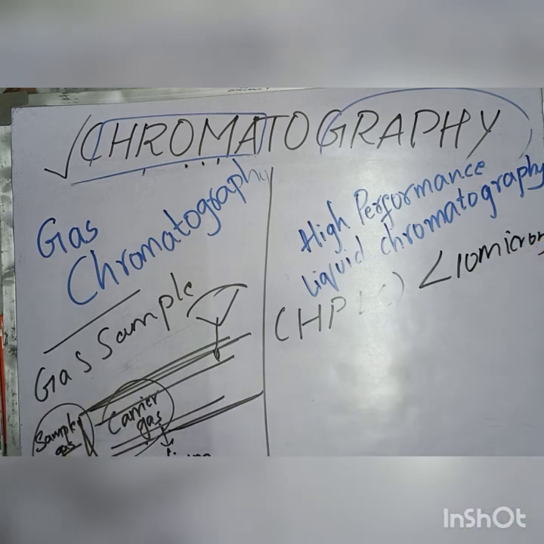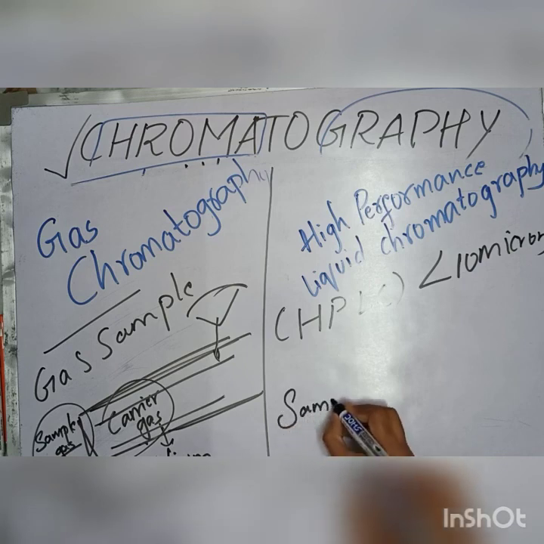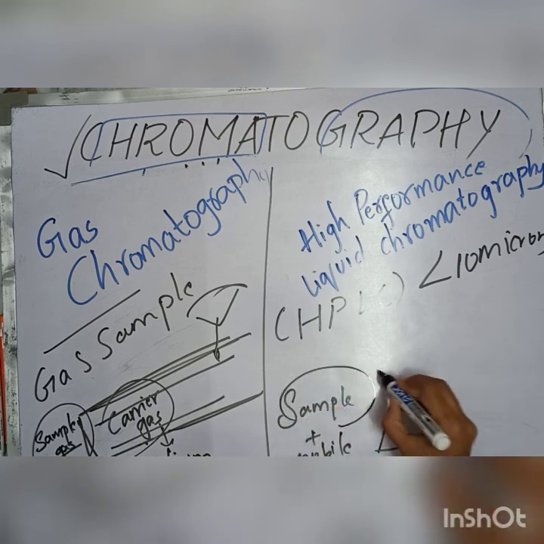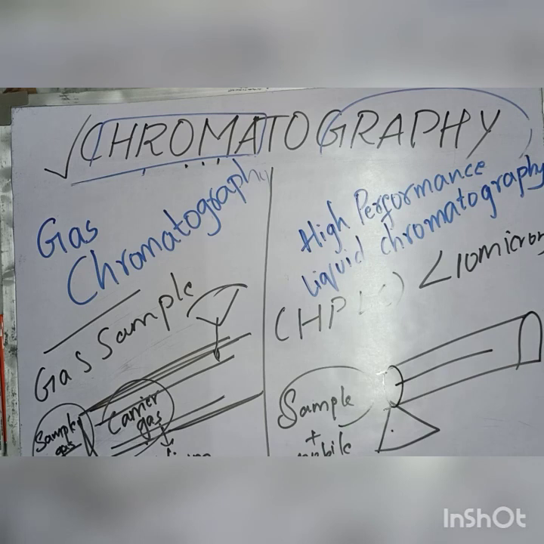In the same way, here we have a sample, and the sample is mixed with the mobile phase. Here a pressure pump will be there, so we are using high pressure. Using this high pressure, the sample is pumped into the column.